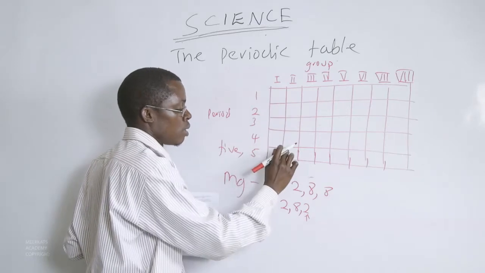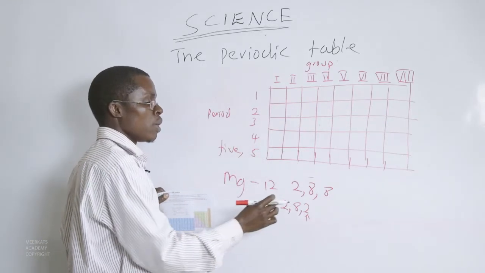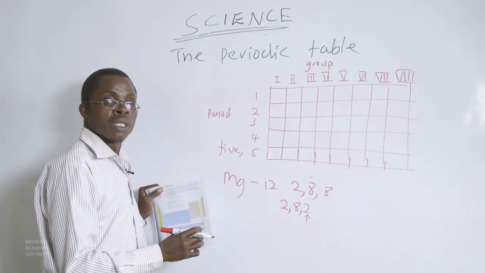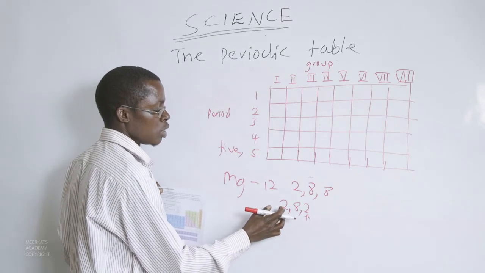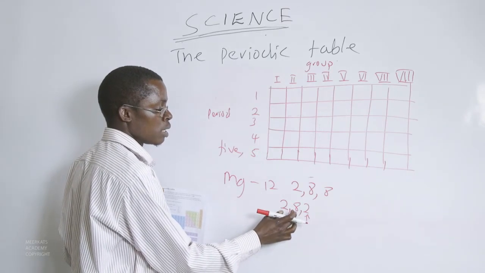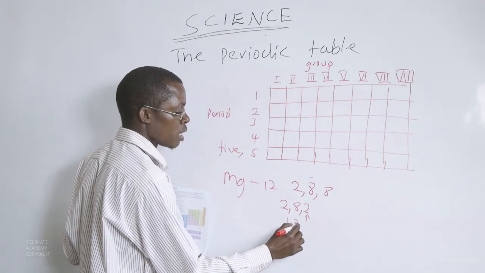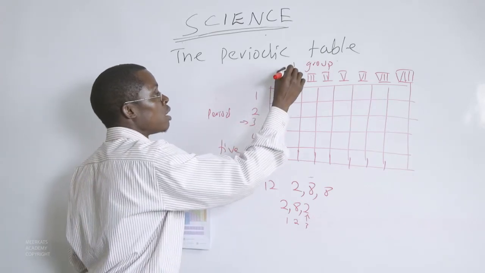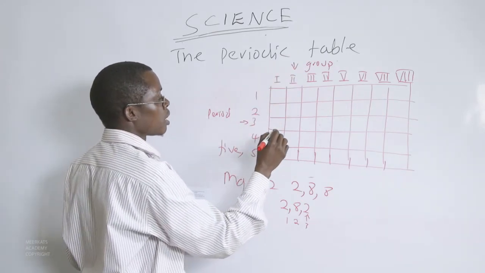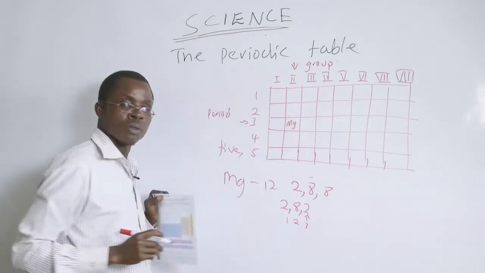Then the period is the number of energy levels, and that is 2, 8, 2. So we have the first energy level, the second energy level, the third energy level. So it is in the third energy level and in the second group. So this is where magnesium is supposed to be.